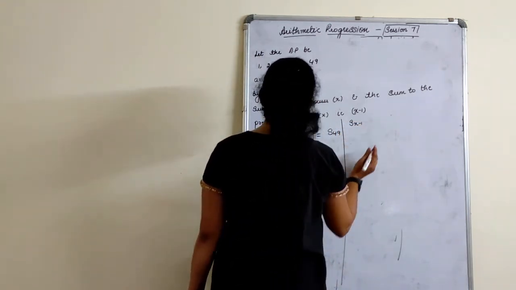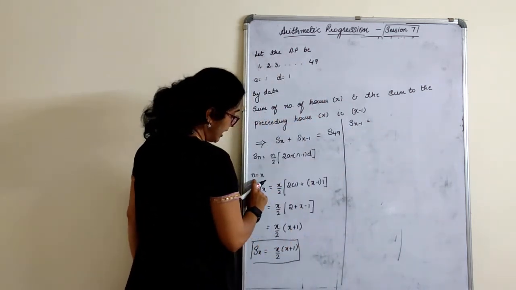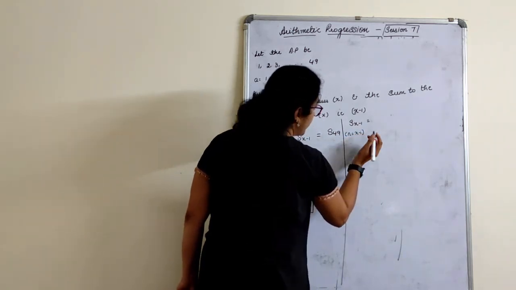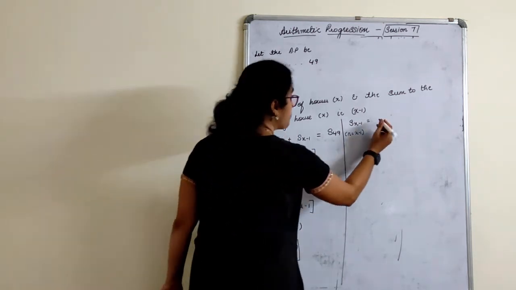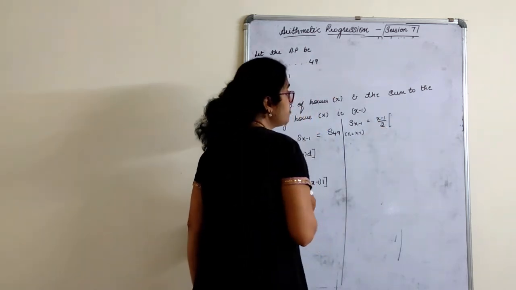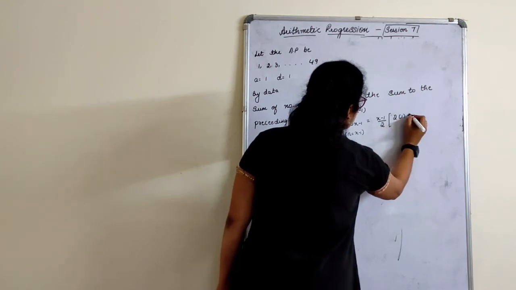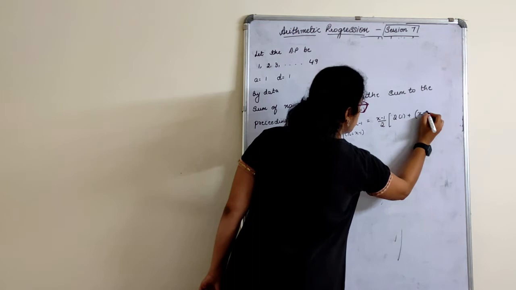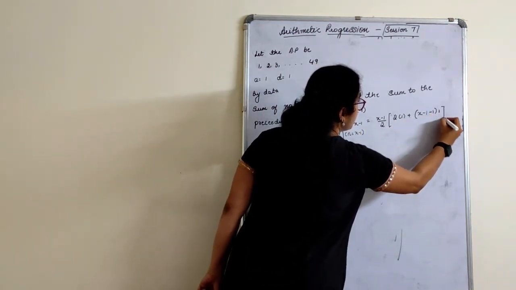We are supposed to calculate Sx minus 1, right? So what is your n here now? Here your n is x minus 1. Remember that. So wherever n comes, write x minus 1. So x minus 1 divided by 2 of 2 into 1 plus n minus 1, n is x minus 1, minus 1 in the formula again of 1.